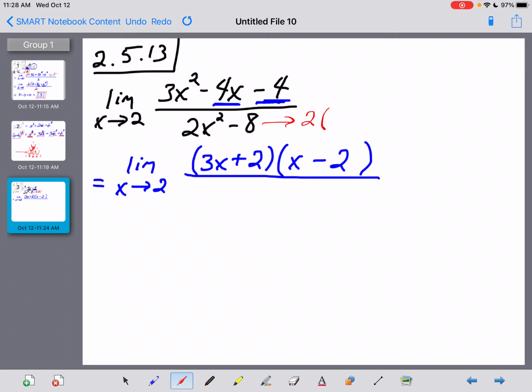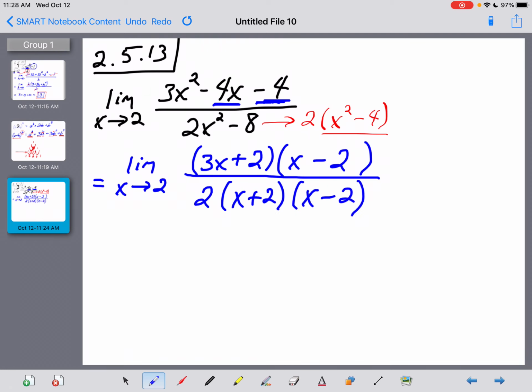And I know that doesn't seem like much, but as soon as you write that out, x squared minus 4, you're going to realize, oh yeah, there's a difference of squares. So that denominator factors to a 2, and then it's going to be an x plus 2 multiplied by an x minus 2. So I wanted to cram in that extra step in red right there because I got the numerator in one step. My denominator really needed 2.